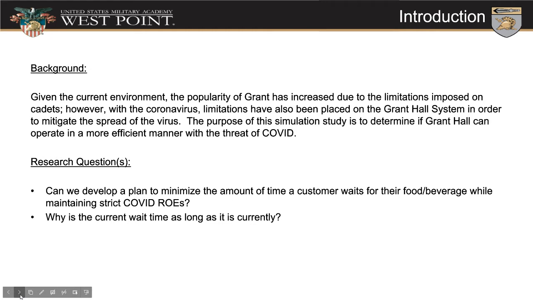So the purpose of this study is to determine if Grant Hall can operate in a more efficient manner with the threat of COVID. Two of our primary research questions: the first being, can we develop a plan to minimize the amount of time a customer waits for their food/beverage while maintaining strict COVID ROEs? And second, why is the current wait time as long as it is currently? Next slide.